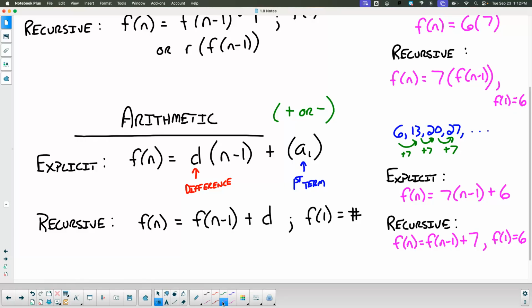Great little cheat sheet for you, if you will, that you can always refer back to when you're doing your homework, when we're doing examples in class, etc.